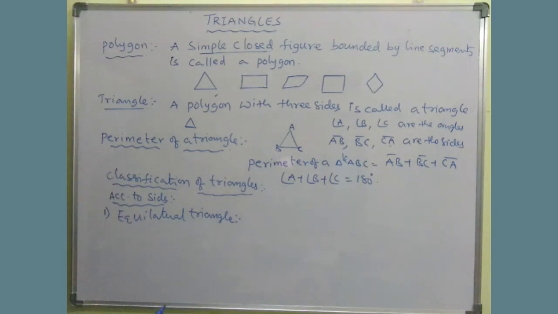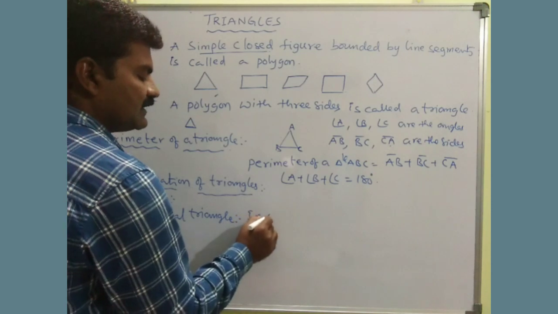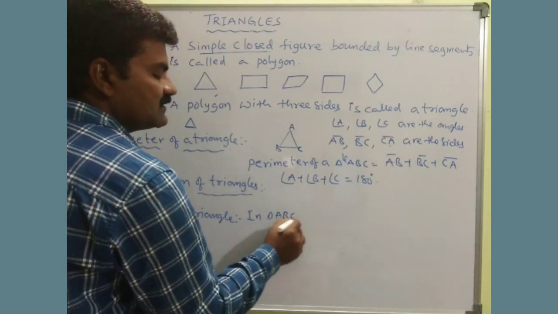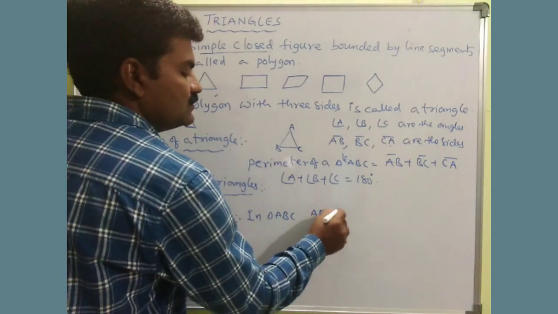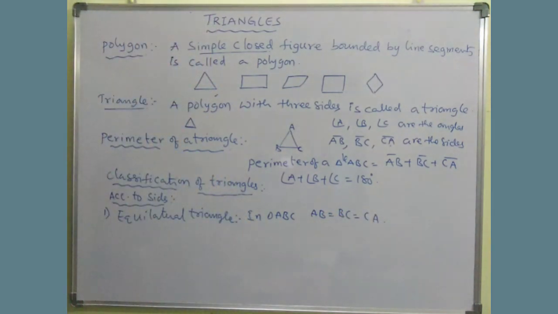A triangle is said to be equilateral if all the 3 sides are equal. In triangle ABC, AB is equal to BC is equal to CA. All the 3 sides are equal, then the triangle is said to be an equilateral triangle.